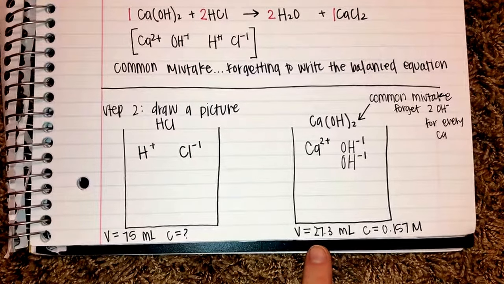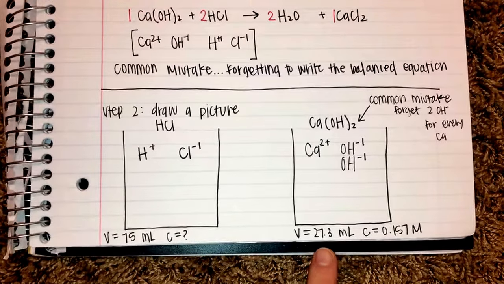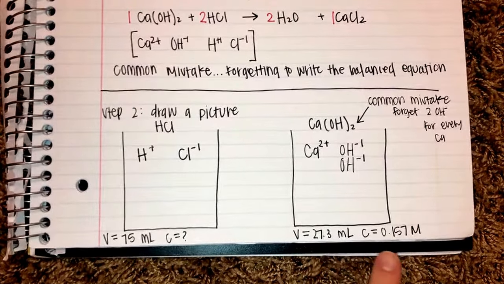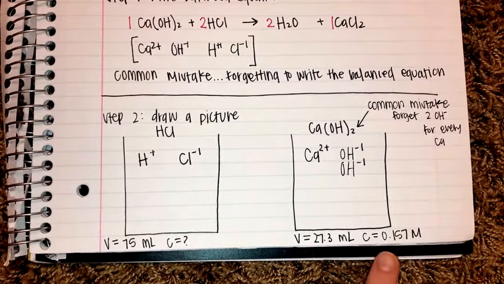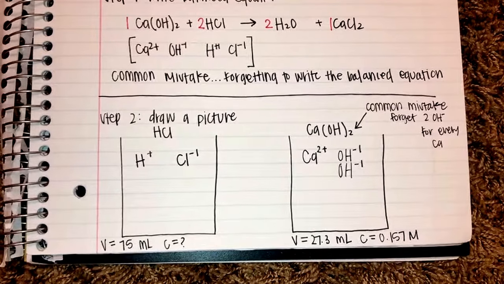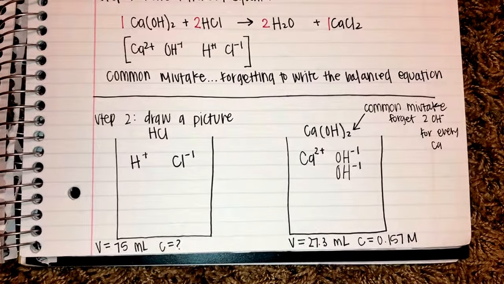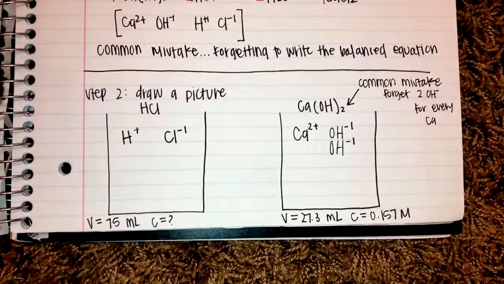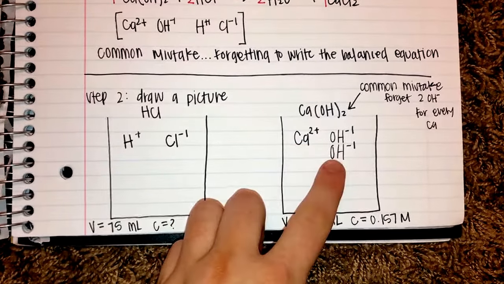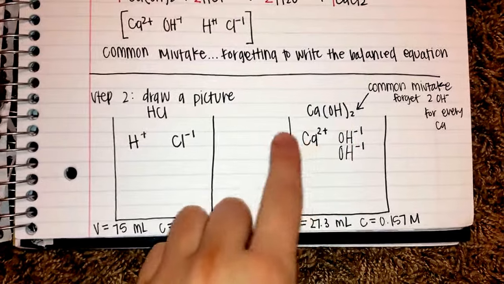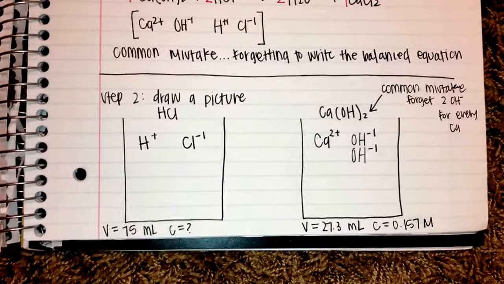The volume for Ca(OH)2 is 27.3 milliliters, and our concentration was given in the problem, 0.157 molarity. Just one more thing I would like to point out about this step is to make sure that the ratio for Ca and OH is a 1-to-2 ratio.